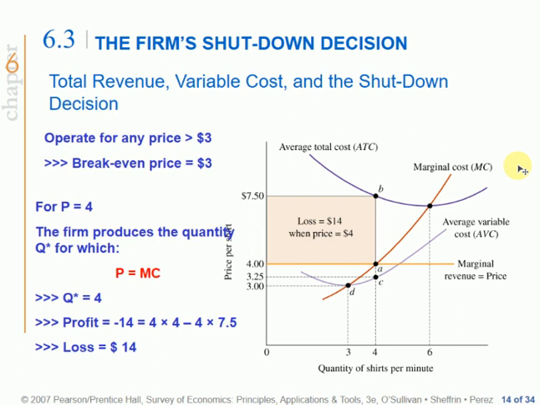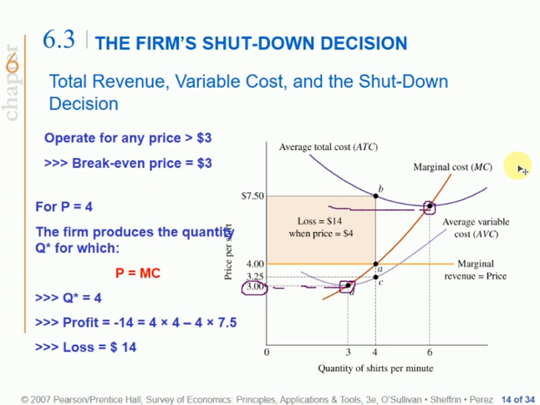Let's take a graphical example. So here we have point D. Point D is the minimum of the average variable cost curve, and this is the shutdown price. And here we have the average total cost curve.